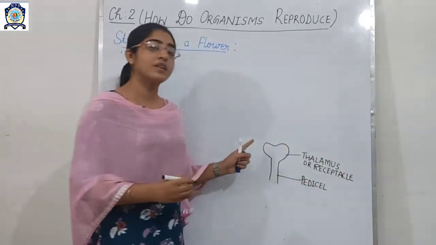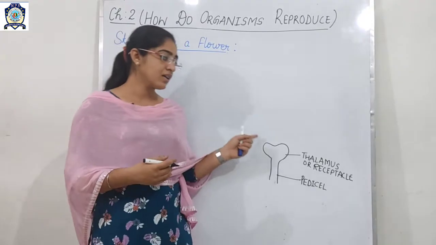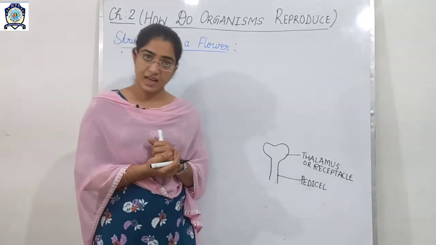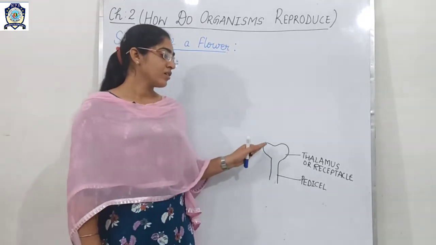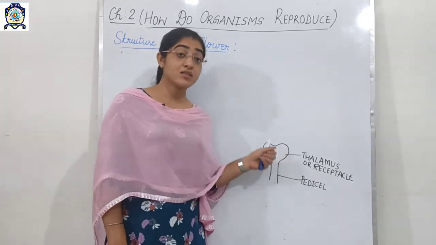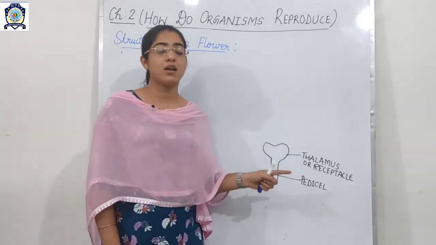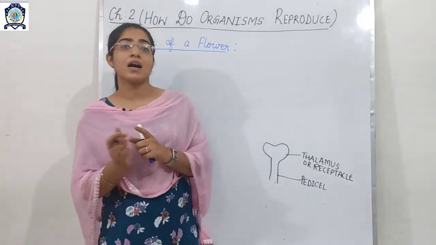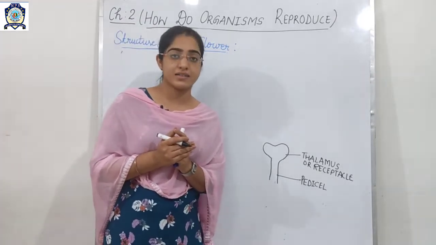You may call it either the thalamus or the receptacle. And from this swollen part, the receptacle, all four parts of a flower arise.